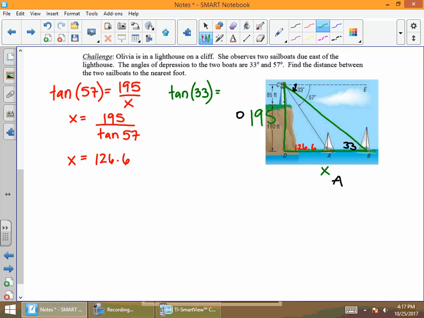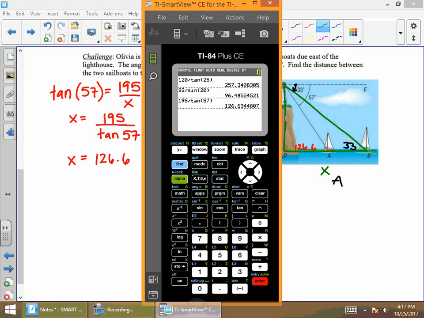That's going to equal the opposite, 195, over the adjacent, x. So that means x is going to equal 195 divided by the tangent of 33. 195 divided by the tangent of 33 degrees is 300.3.